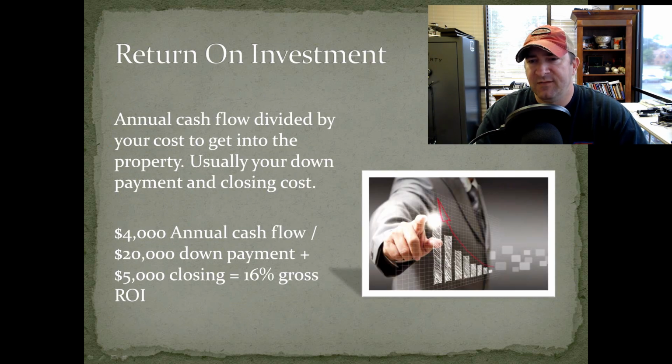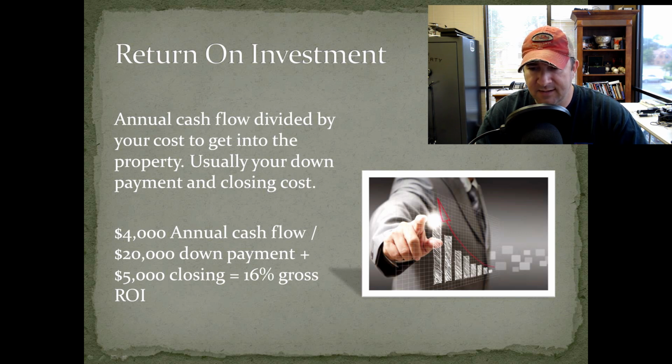All right, return on investment, or ROI, as you might see the abbreviation, is essentially you take the annual cash flow and you divide that by your cost of getting into the property. When I say cost of getting into the property, it's typically your down payment and the closing costs. So if you're purchasing a property, you're doing 20% down plus closing costs.